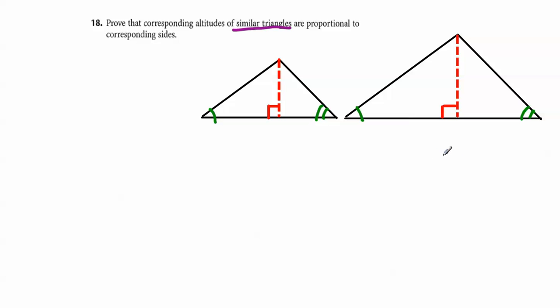So the first thing I can notice is, hey, I have triangle 1 right here and triangle 2 right here are similar. See this triangle here and this triangle here? They're similar because of angle, angle, angle. Therefore, given similar triangles, sides are proportional. That includes this here and here.